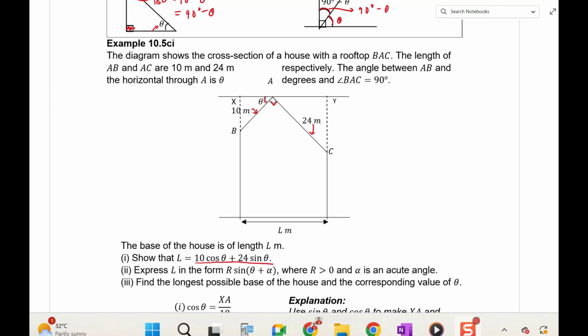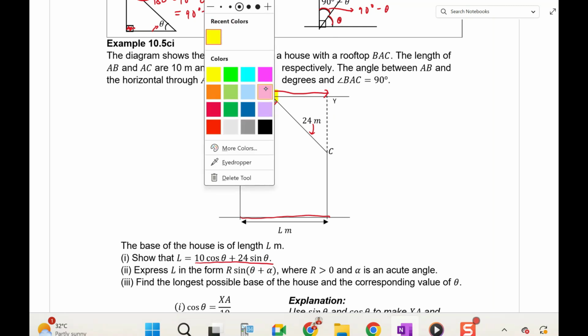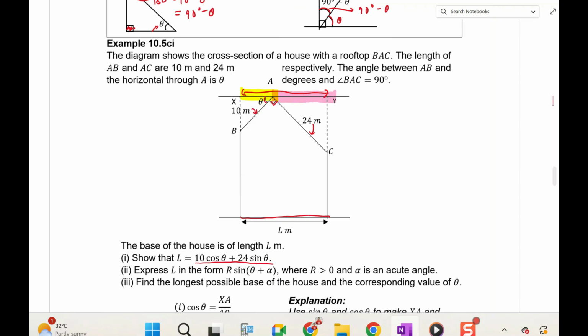Now you'll see that in the equation there is cosine and sine. So it shows us that we'll be applying our trigo knowledge and we'll be dealing with a lot of triangles. Now it's not really possible to find L directly, being the base of the house, like using this line right here. But we can note that L is also equal to this horizontal over here, which is the sum of XA and AY.